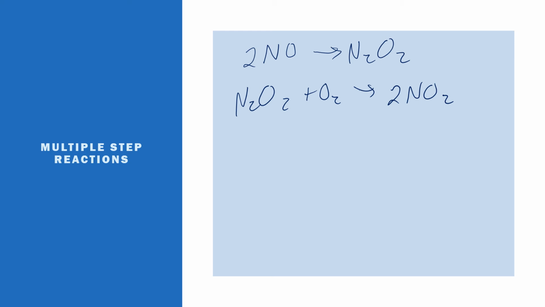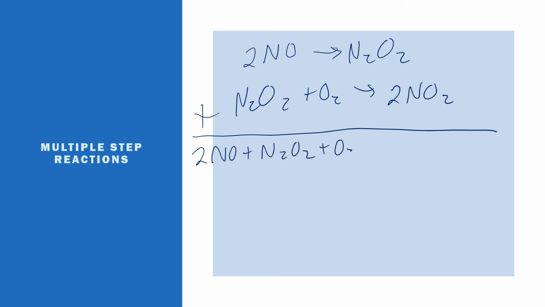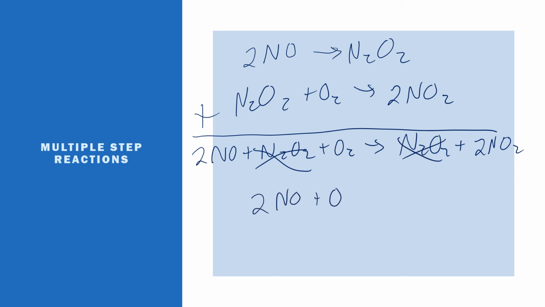Each of these is an elementary step. If you add them together, you can form an overall reaction. So you would put all of the reactants on one side and all of the products on the other side. And then anything that is the same on both sides cancels out. So the N2O2 cancels out, and you're left with your overall reaction, which is here.